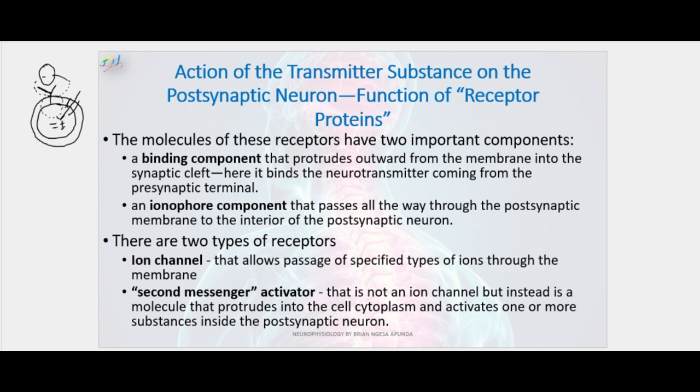So it directly stimulates these ion channels to open, and it is for that reason that it is regarded as an ion channel receptor.